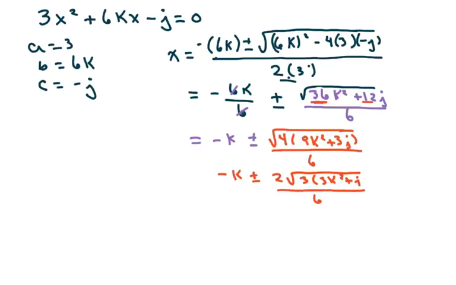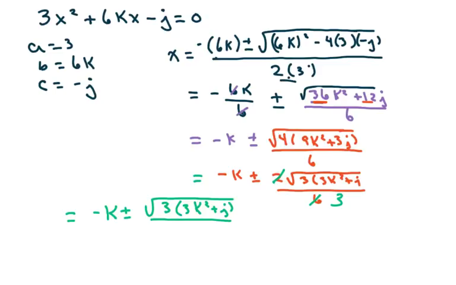Now after that, the 2 goes into 6 3 times. So my final answer is going to be negative k plus or minus the square root of 3 times 3k squared plus j, all over 3. And that's it. It wasn't really too bad. So this is choice A.